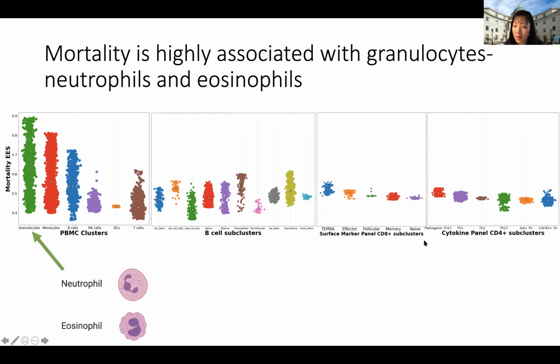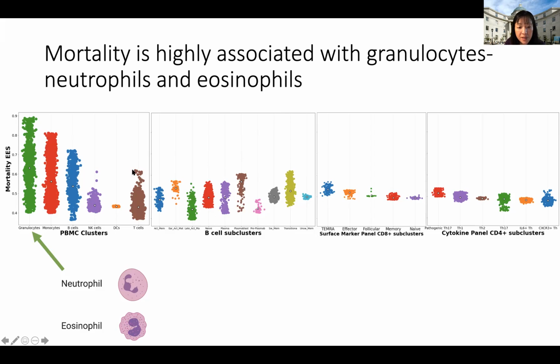And yes, within each of these lymphocyte subset, there are differences in mortality associated with, let's say, pathogenic Th17 versus Th2, and also different cytotoxic T cells are associated with different mortality scores. So the y-axis really, the higher the y-axis score, the more association with mortality there is per particular cell type.